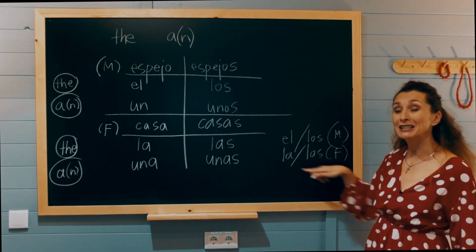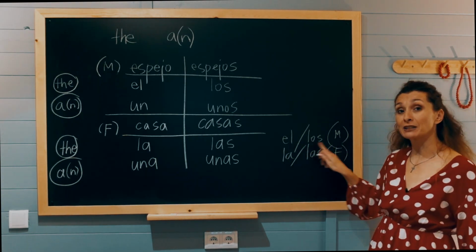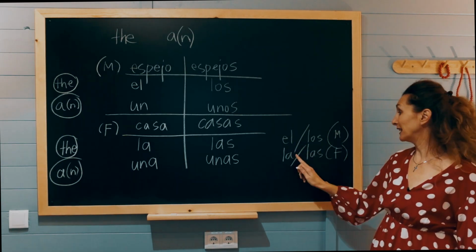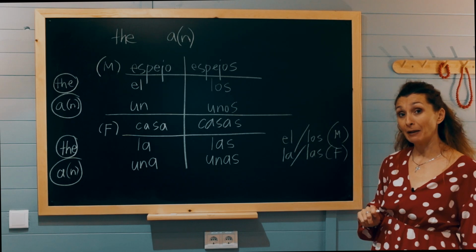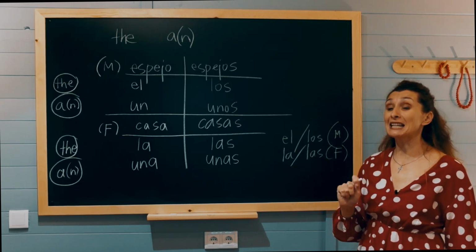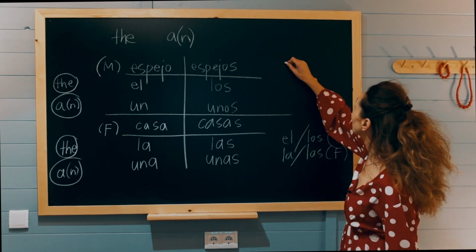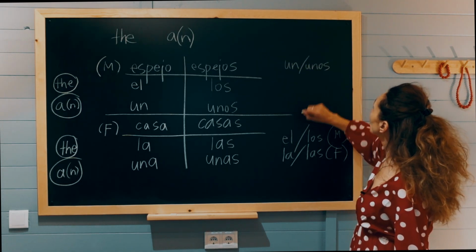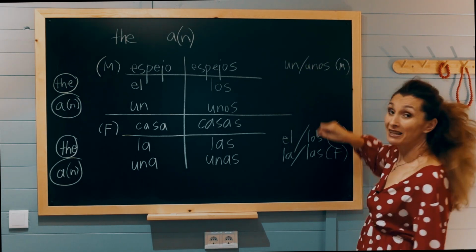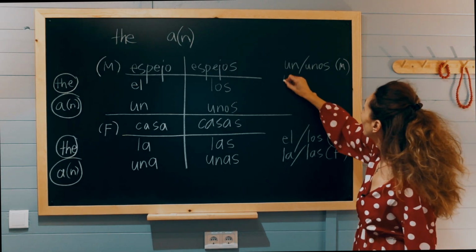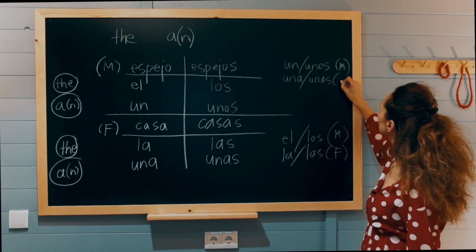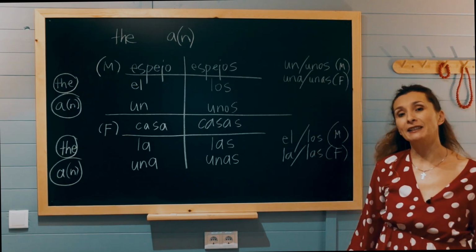This is the definite article, 4 different forms. Same with the indefinite article. We have un and unos for masculine nouns, and una and unas for feminine nouns.